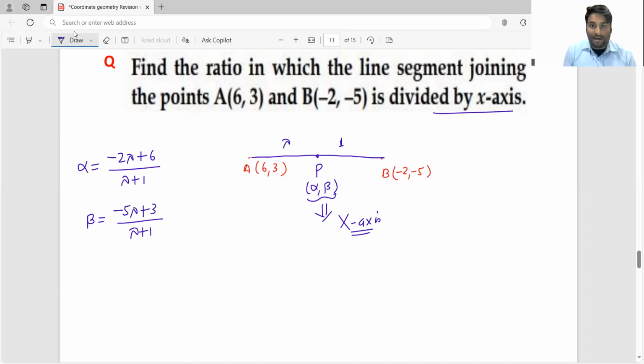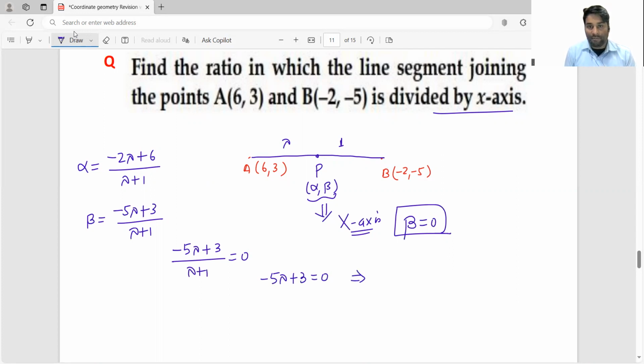So here we can say beta will be equal to 0. From here, minus 5 lambda plus 3 divided by lambda plus 1 is equal to 0. So this will be minus 5 lambda plus 3 equal to 0, and from here, lambda is equal to 3 by 5.